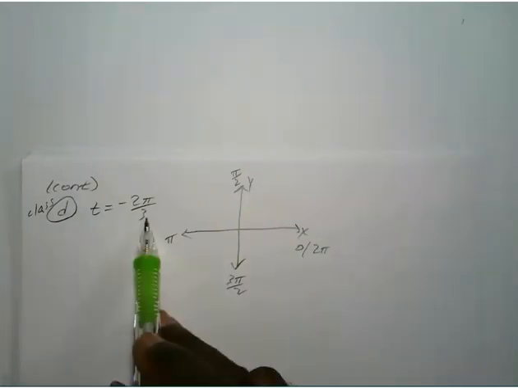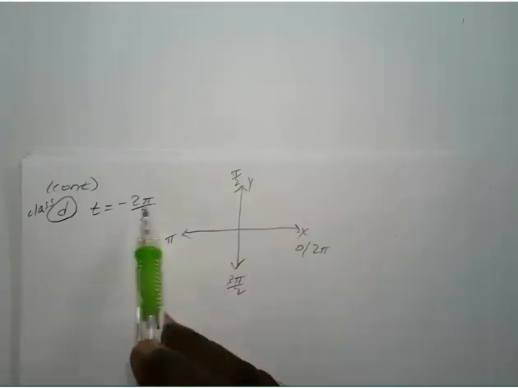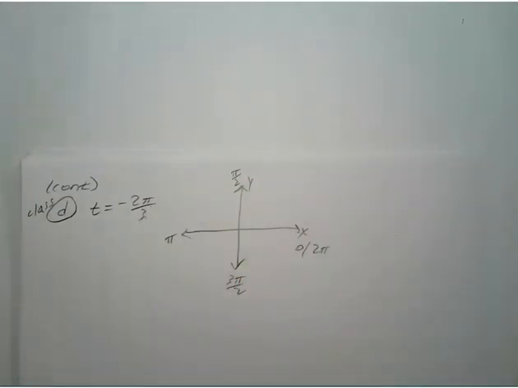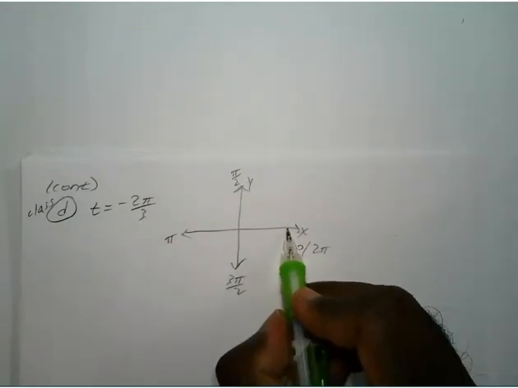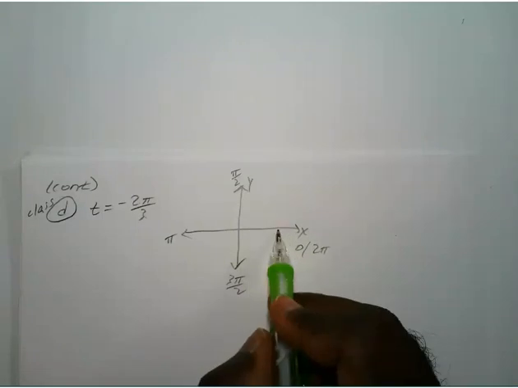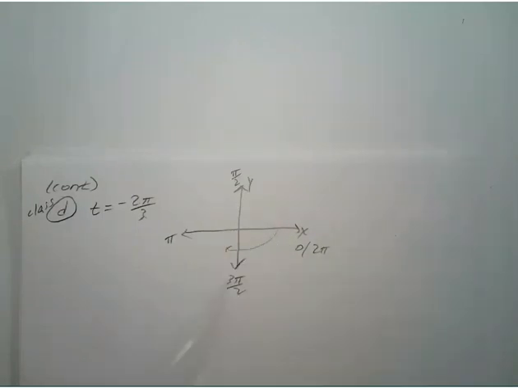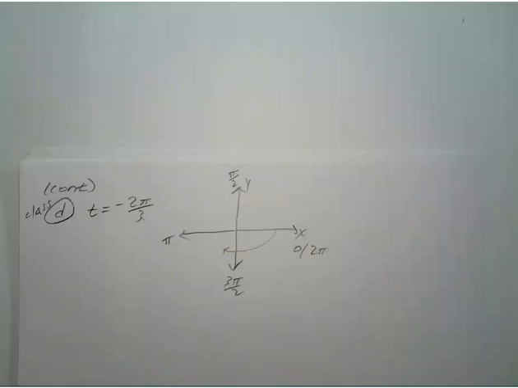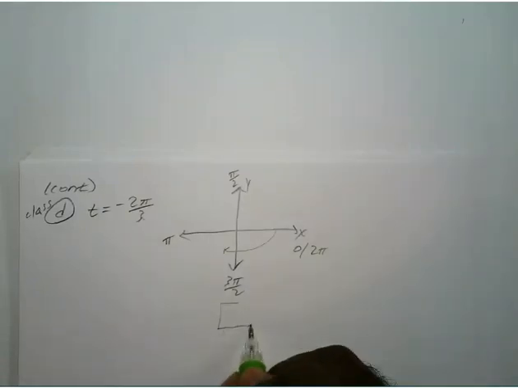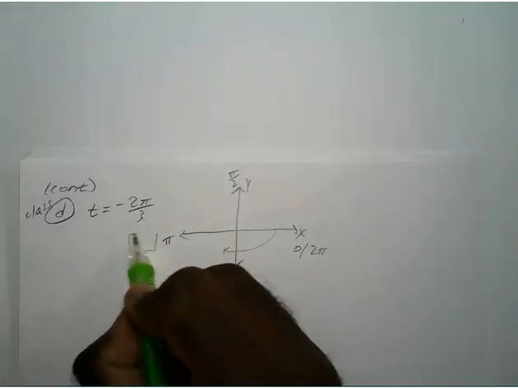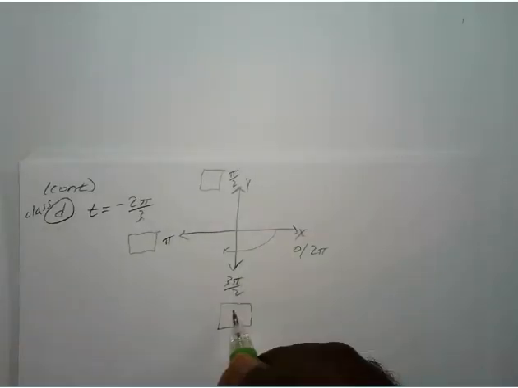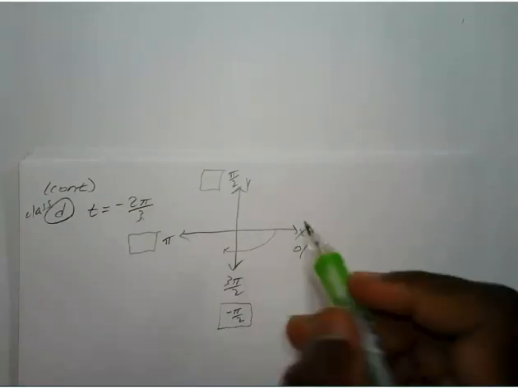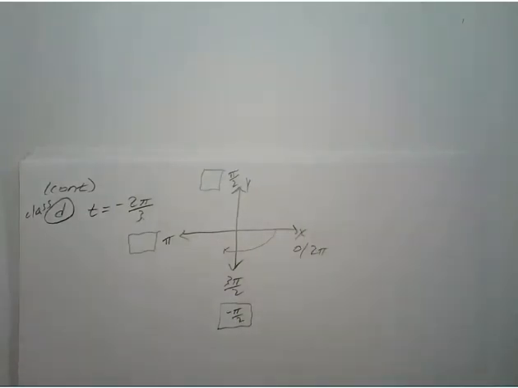Now we see here our denominator is 3, and it's also negative, so we'll be going this direction. Since it's negative, instead of 3 pi over 2, we're going to be making those negative numbers.